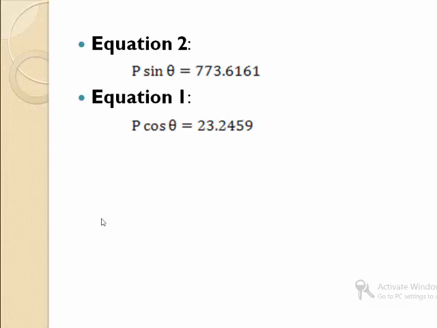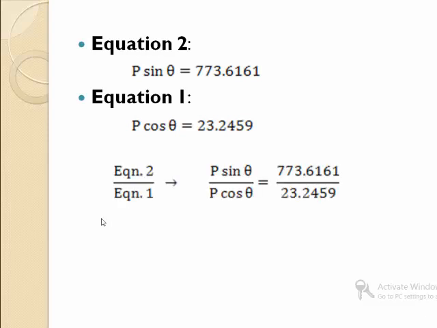So our objective is to find out the value of the force P which is acting in the first quadrant and its horizontal inclination theta for the given condition. Okay. So now from these two equations we can calculate the values of P and theta. So for that, divide equation 2 by equation 1. So P sin theta by P cos theta is equal to 33.2799.